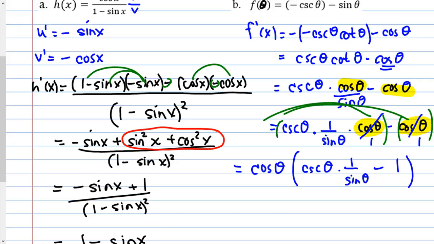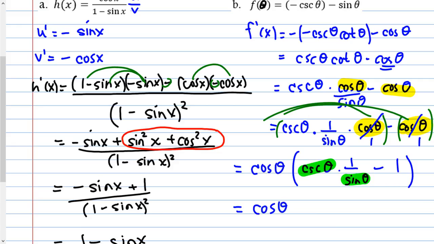Okay. Now, I didn't want to do this all at once, but what does 1 over sine theta change to? And hopefully you're like, oh, 1 over sine is cosecant theta. So this is now cosine theta, and then these, let me do it another color.